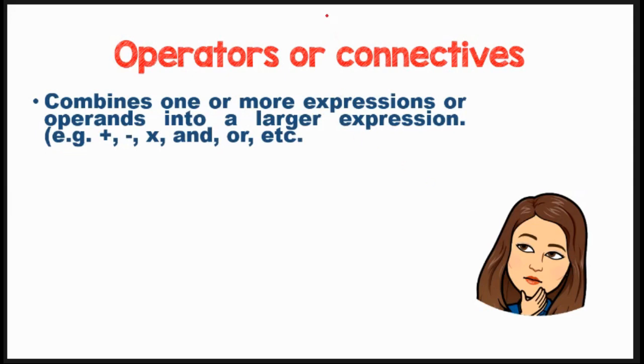If you have 3 plus 7 is equal to 10, then 3, 7, and 10 are all expressions, and together they will make a mathematical sentence. We call plus as our connective. It combines the two expressions, and equal is our verb. I hope you still remember that from our preliminary term lesson.